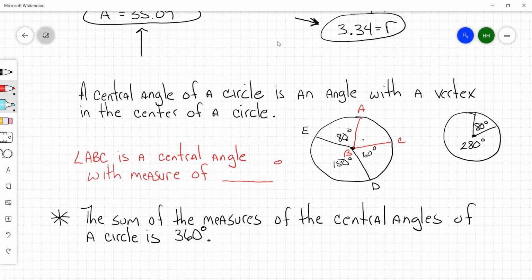Did you take 360 and subtract all those? 360 minus 80 minus 150 minus 60. You did it in your head, didn't you? I got 70 degrees. I used my calculator though. I took 360 minus 80 minus 150 minus 60, and I got 70 degrees because those four angles have to sum 360. All right. Very good.